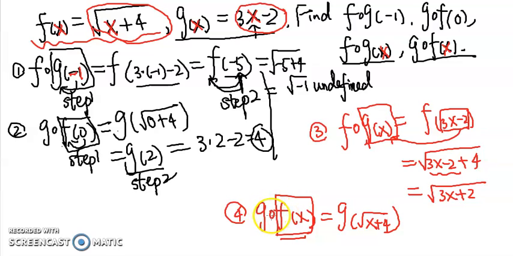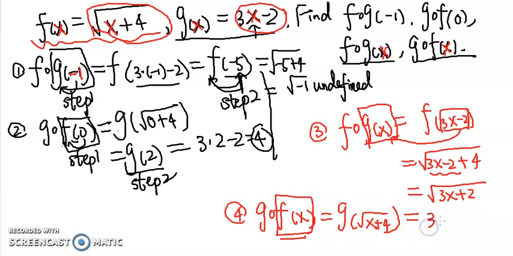We just worked on f of x. Next, we work on the g function, where this x corresponds to a new x, the square root of x plus 4, and we replace the letter x with it.